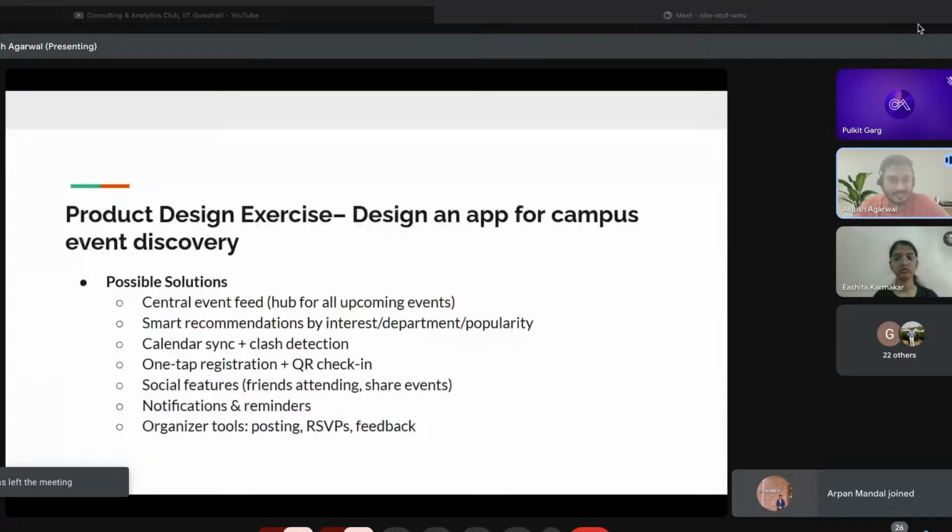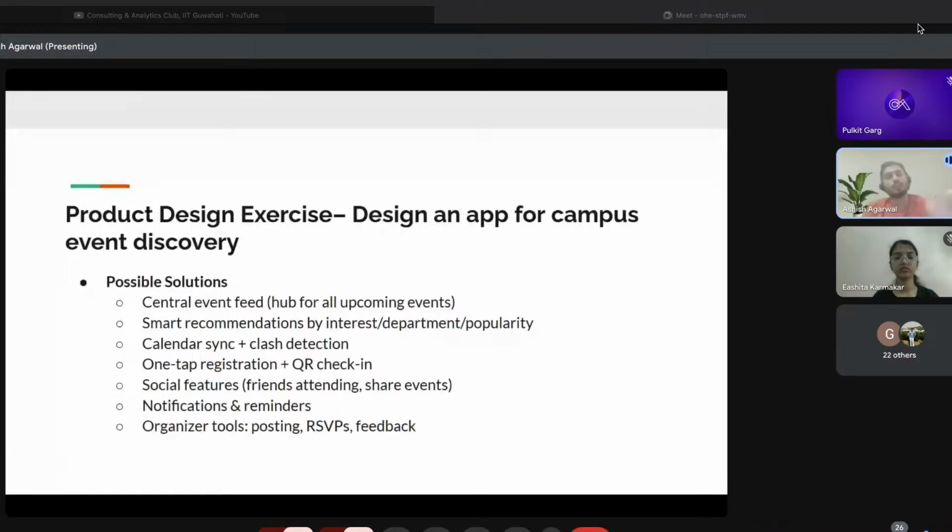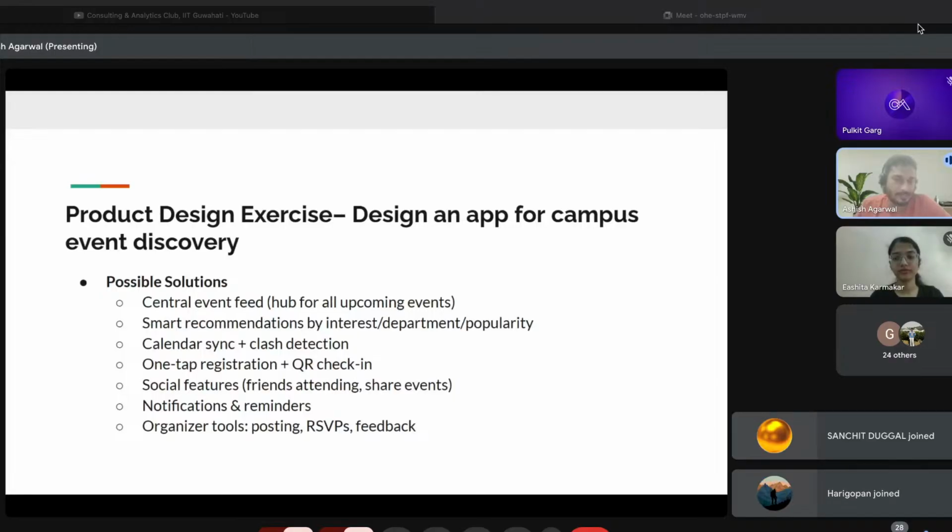Once we have these possible solutions, what we importantly have to do is, we cannot do all of them at once. It's important to take user feedback with an MVP first, a minimum viable product, with a few of the solutions that we'll implement, and then go on to other phases basis the feedback from the users.